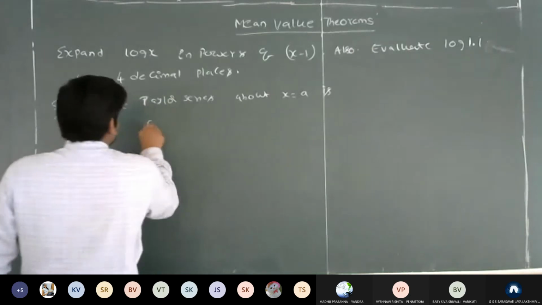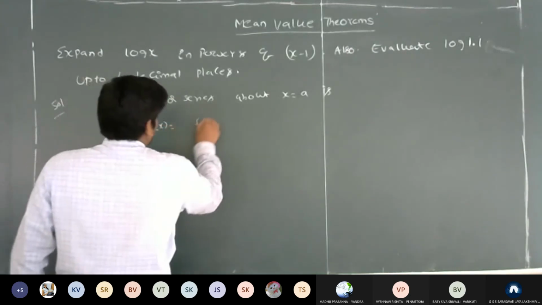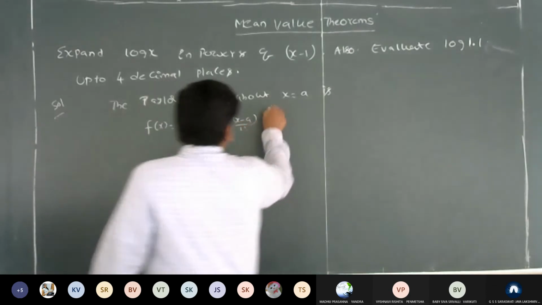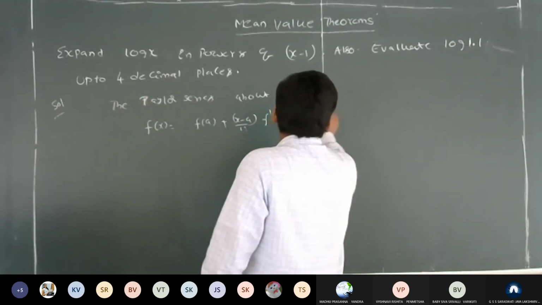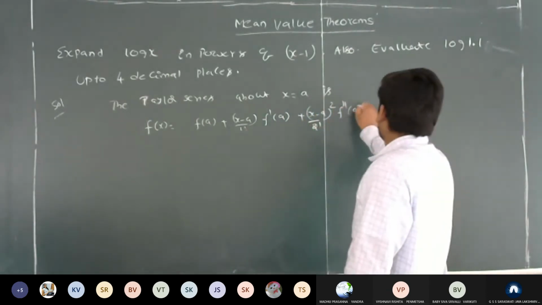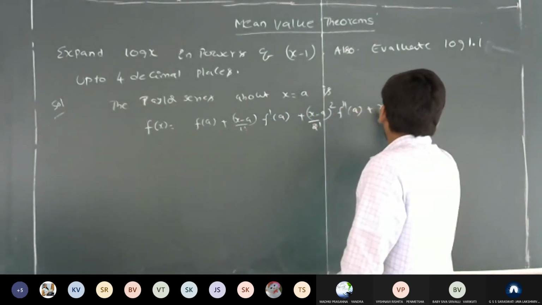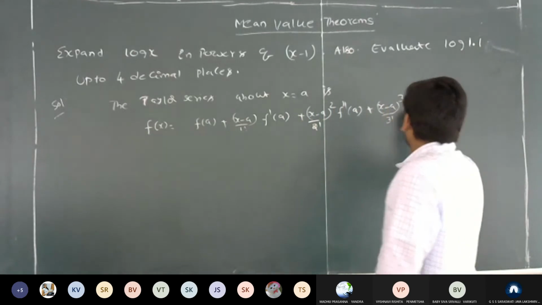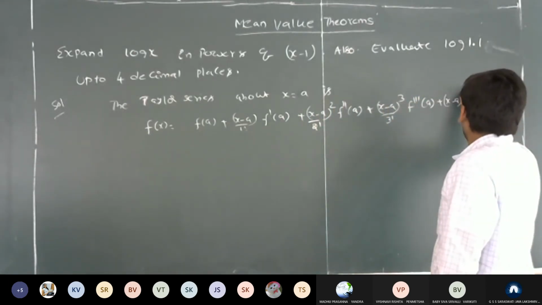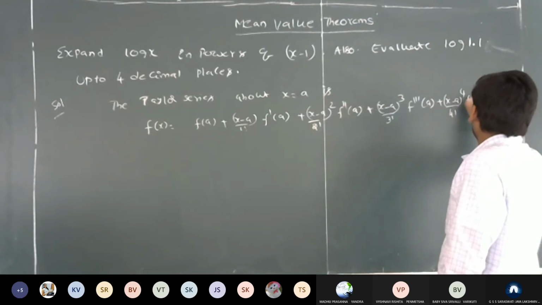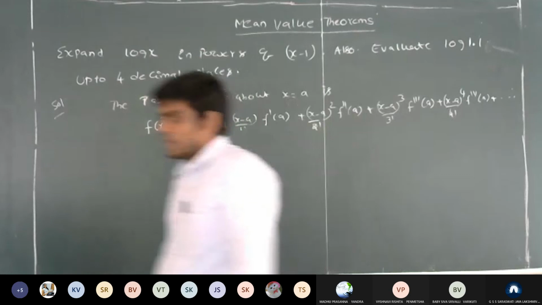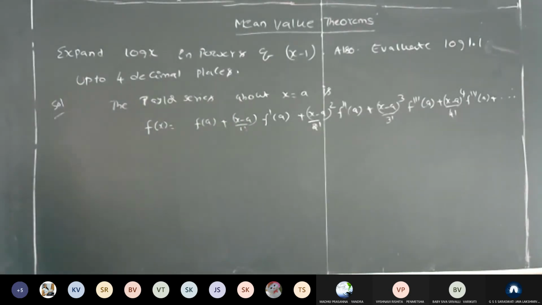What is the Taylor series? f of x is equal to f of a plus x minus a by 1 factorial into f dash of a plus x minus a whole square by 2 factorial into f double dash of a plus x minus a whole cube by 3 factorial into f triple dash of a plus x minus a whole power 4 by 4 factorial into f fourth derivative of a plus and so on. So that is the Taylor series.